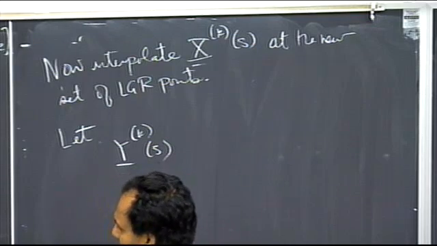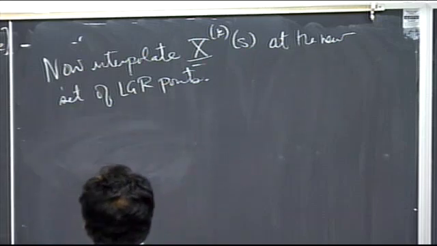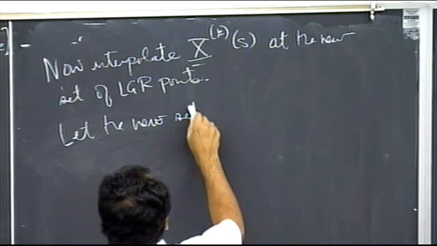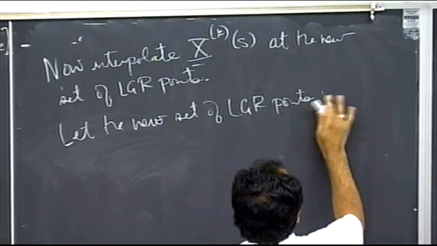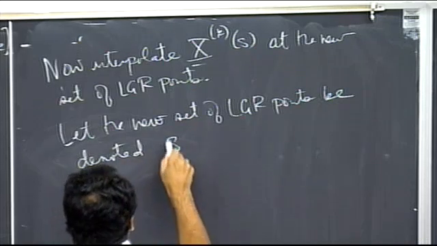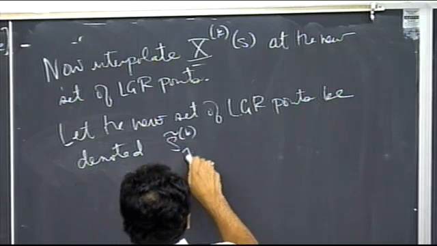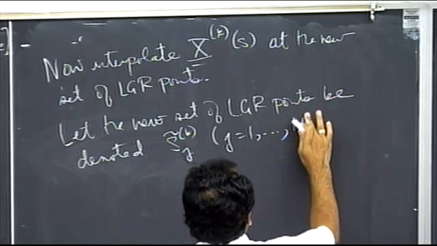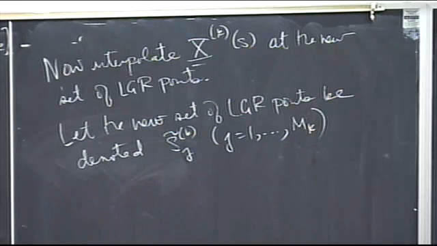Now, I got to be real careful here. Okay, hang on. Before I do that, let me put one more thing down. So let the new LGR points be denoted s tilde k j, where j now goes from 1 up to m sub k, right? Because that's the new set of LGR points that I've got. I said let m sub k equal n sub k plus 1, right?